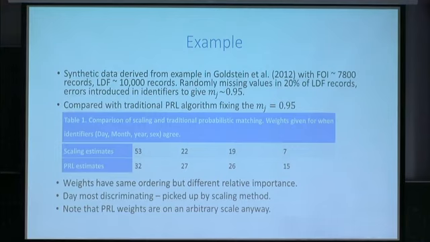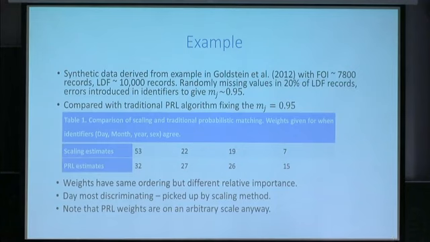But essentially, what most people do, the actual scale doesn't matter, as long as you have a monotonic transformation. And in fact, it turns out you can do the sums. If you take the PRL estimates and exponentiate them, in other words, rather than working on a log scale you work on the m over u scale, they're very close indeed to what we get for the scaling estimates.